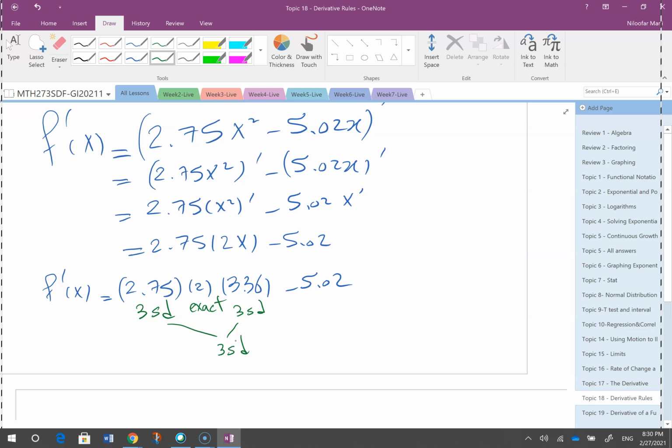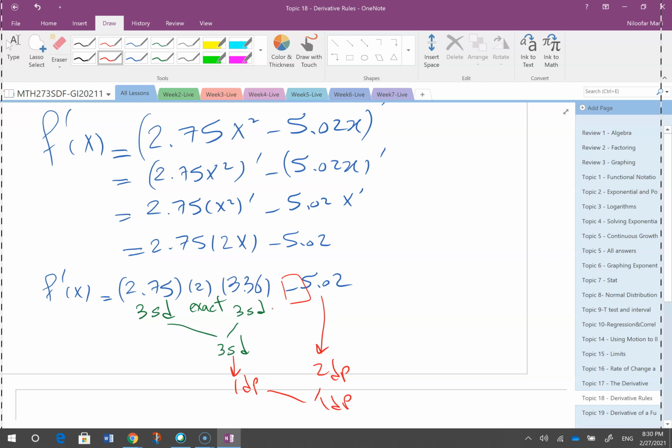Yes, that's 18.48, which means if I want 3 significant digits, I have 1 decimal place. And here I have 2 decimal places, so I round to 1 decimal place. Why decimal place? Because I have subtraction. So, order of operations, I do multiplication first and then subtraction.